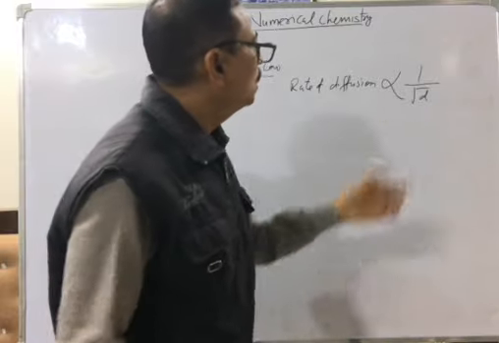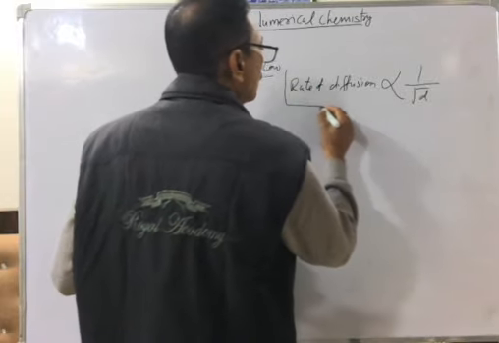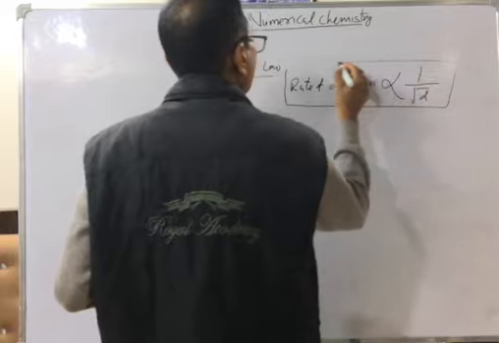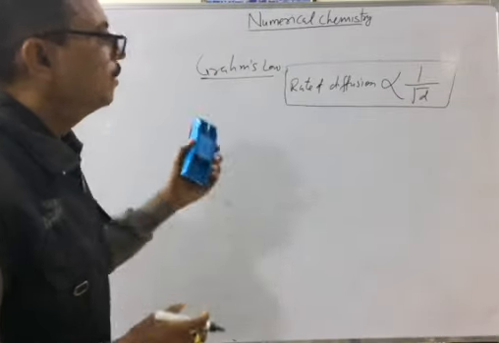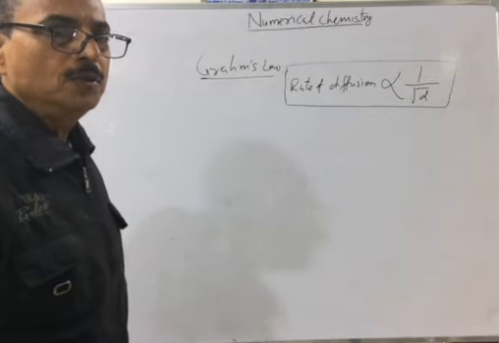So this is the basic law of Graham. So what is the rate of diffusion?